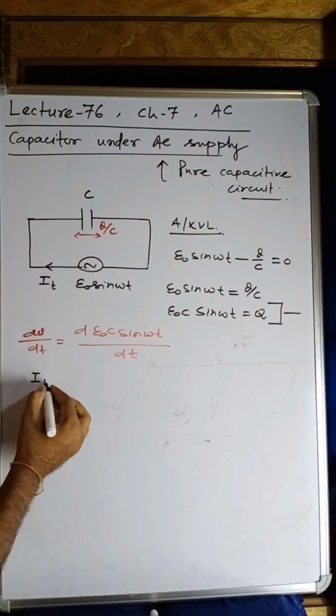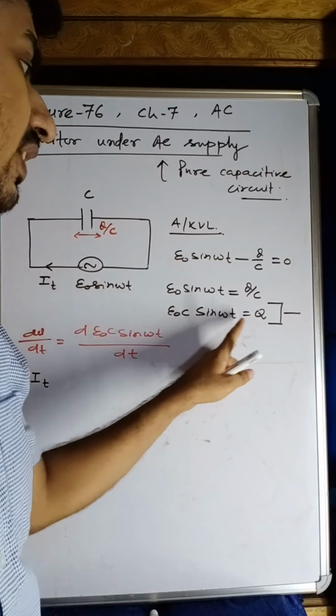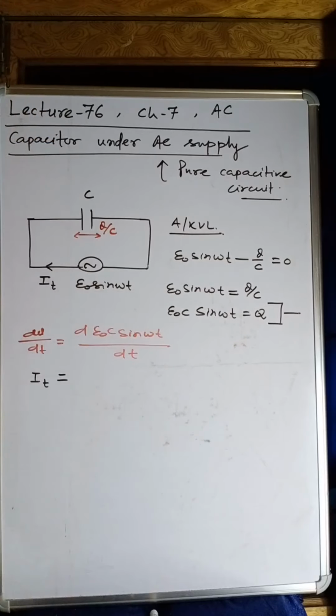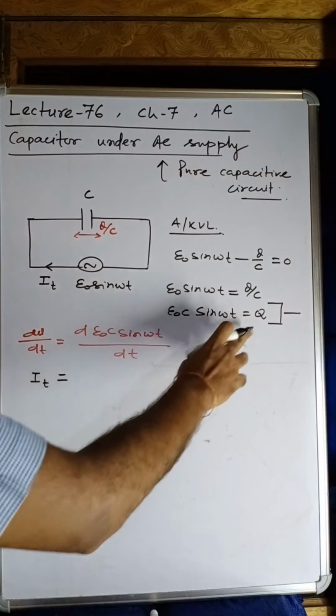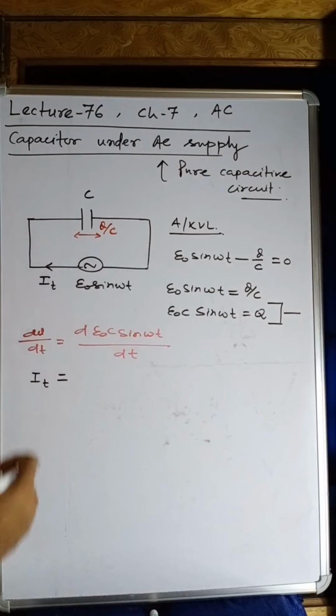This will be the I. Since the charge is not constant, it is a function of time, the current will also change because charge is variable. If charge were constant, this would be entirely 0.